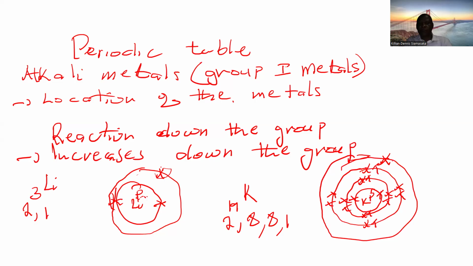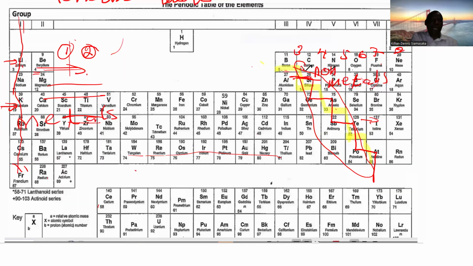And so this electron here is further away from the nucleus, and therefore we expect that it can easily be knocked off, or it can easily be lost during a reaction. And that's why we said that the reaction increases down the group.